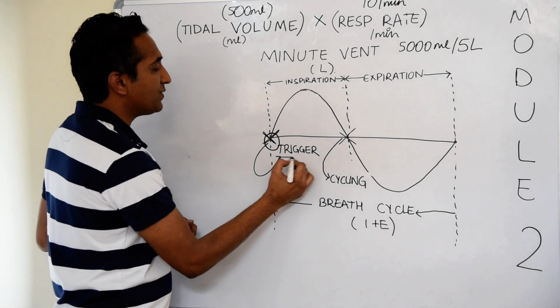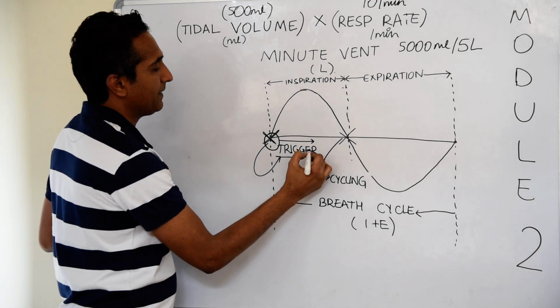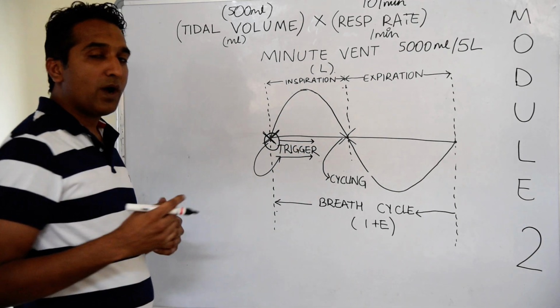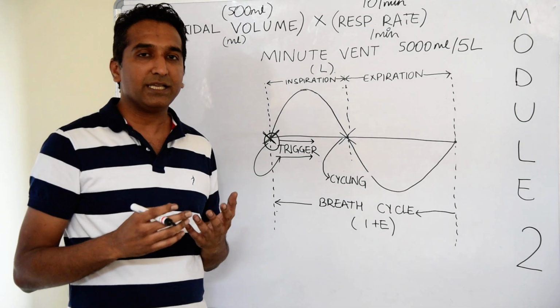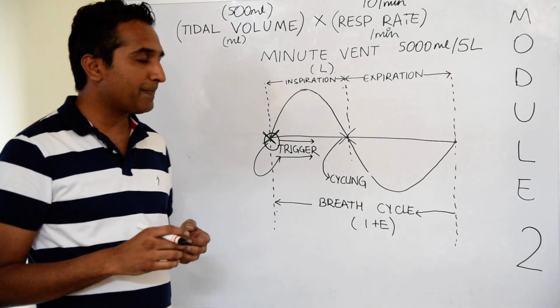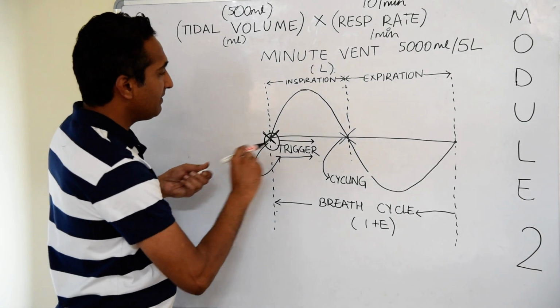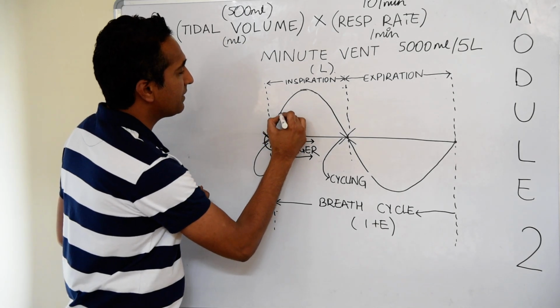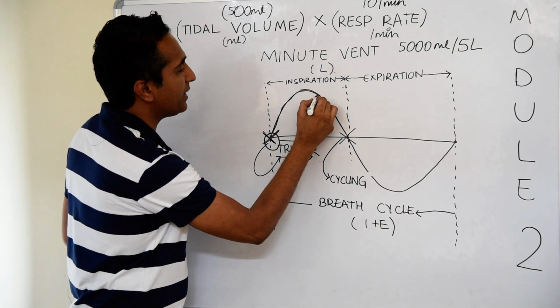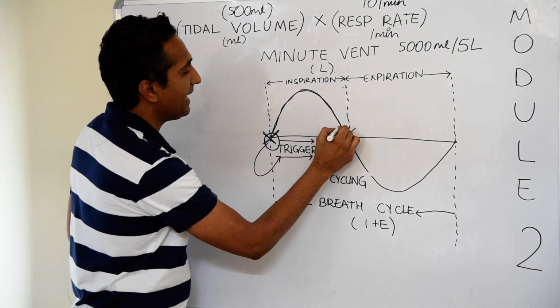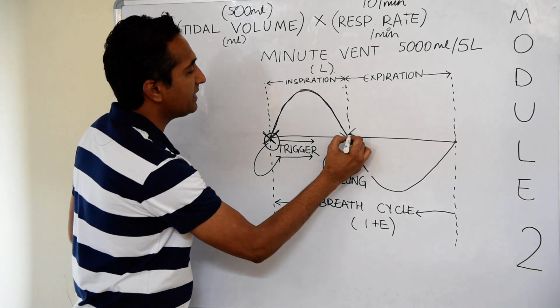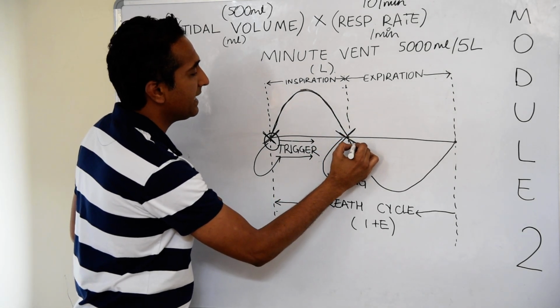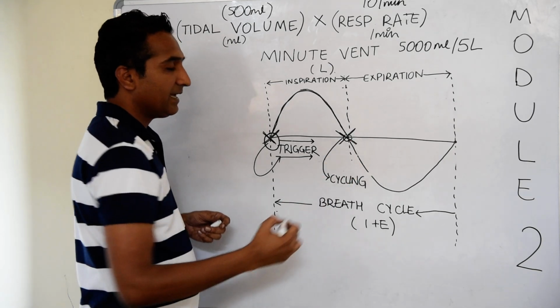This is called the trigger point. So what starts the inspiration is known as the trigger, and then the inspiration continues for a particular period of time, and there is a time when the inspiration ends and the expiration starts.